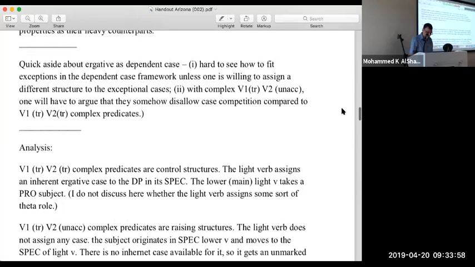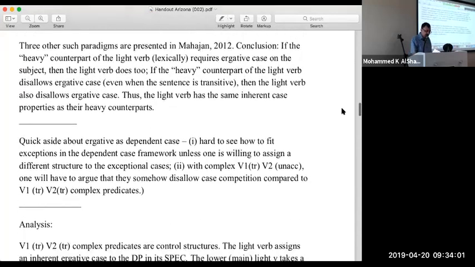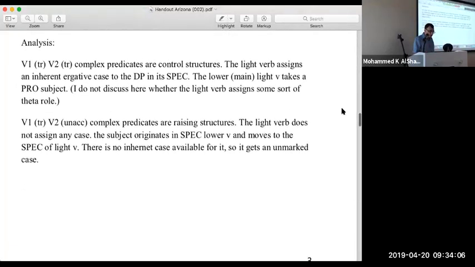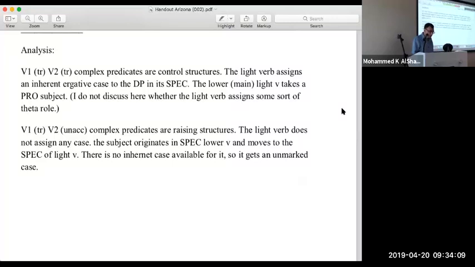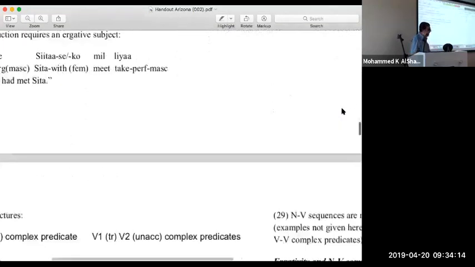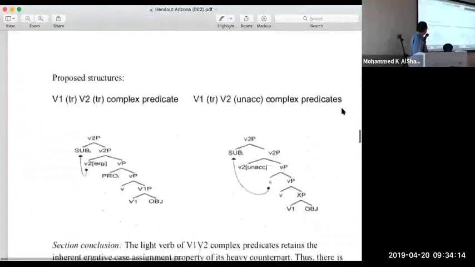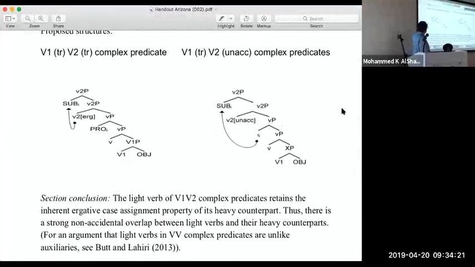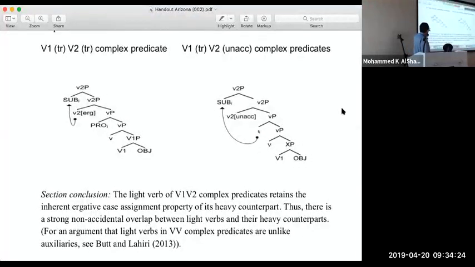So the analysis for this is fairly straightforward. We want the light verb to assign the ergative case, and what I do here is shown in these little trees on the next page. What I am suggesting here is that when the light verb is transitive, and I should have changed this label to transitive, then it assigns ergative case to the subject.